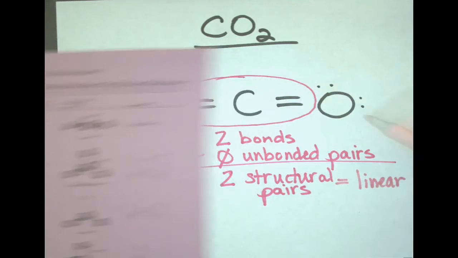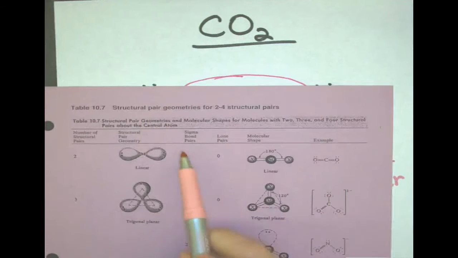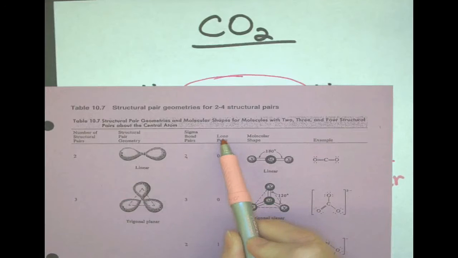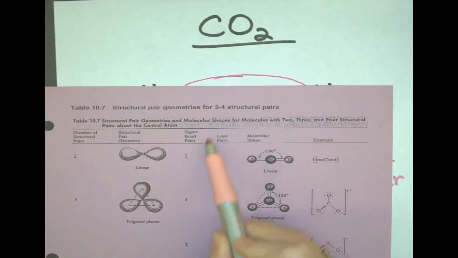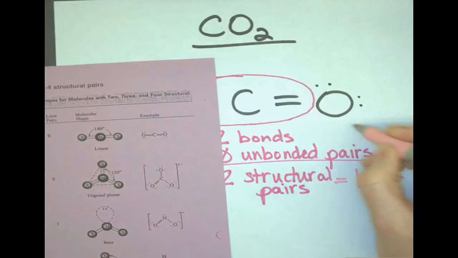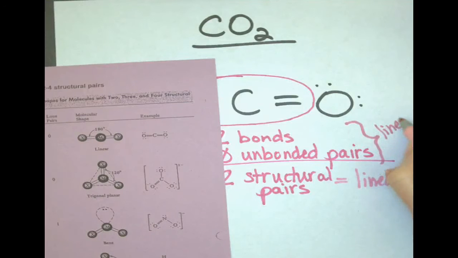I also look at the fact that it's 2 bonds and 0 unbonded pairs. So 2 bonded pairs and 0 lone pairs. You might want to write on lone pairs that means unbonded pairs. So now our secondary answer is that it is also linear. The molecular shape is linear. So based on this information, we can see that this shape is linear.